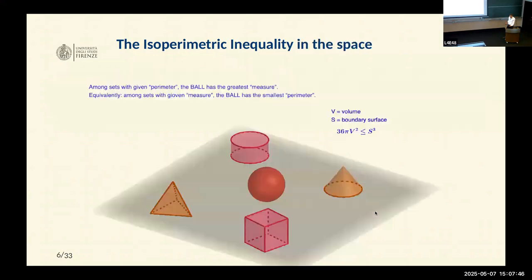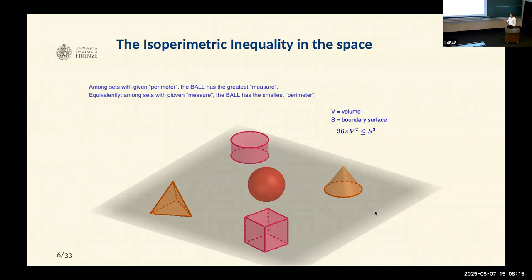The same happens in R3, the space. You think of sets which all have the same surface, the same perimeter, which means the same measure of the surface surrounding the set. Then the ball is the one with the largest volume, or equivalently, if you fix the volume, then the ball has the smallest perimeter.